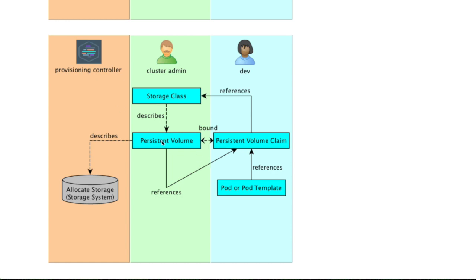So by default, when this persistent volume is created, it will have a cleanup policy of delete. What that means is when this persistent volume claim is deleted and this becomes unbound and no longer needed, the provisioning controller, again, that's watching the Kubernetes cluster, will clean up the backing storage and then finally clean up the persistent volume as well.